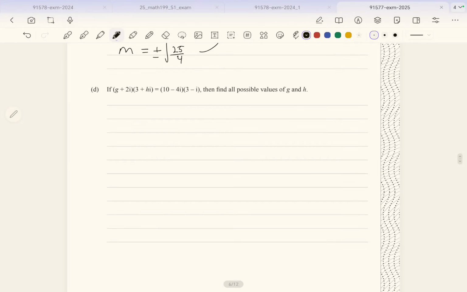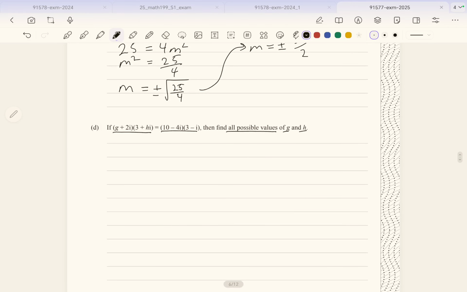Next part, we're given that this entire expression is equal to this expression on the right hand side. We have to find all possible values for g and h. So in this case, we will have to first expand out the brackets.